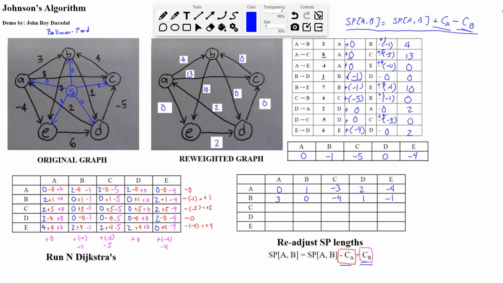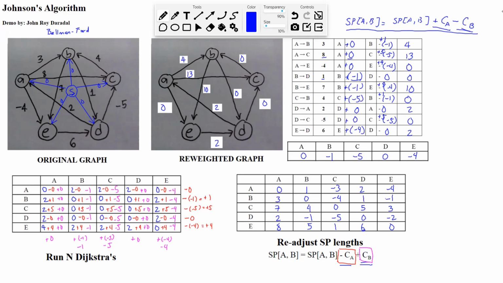And then you have 7, 4, 0, 5, 3. This is because it's 7 minus 4, so that's 3. And then you have 2, minus 1, minus 5, 0, negative 2, 8, 5, 1, 6, and then 0.